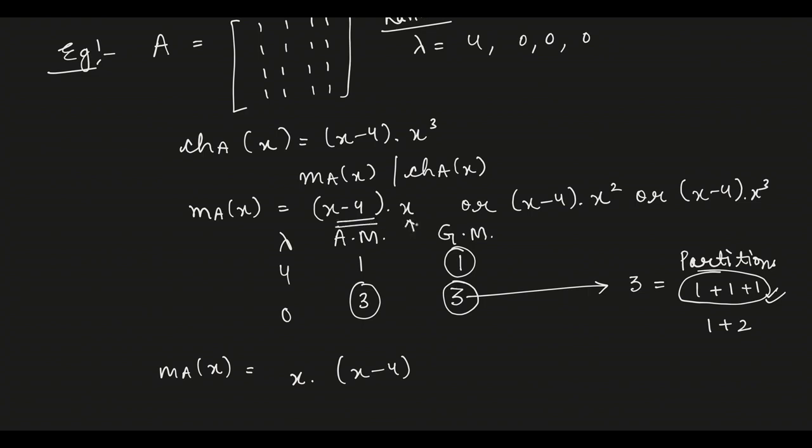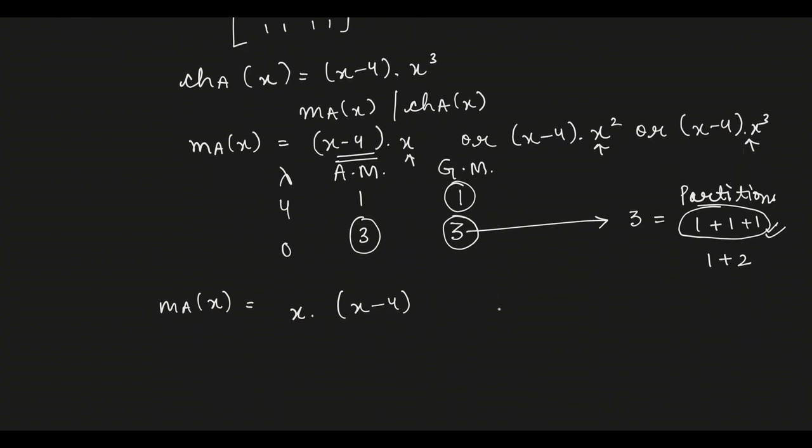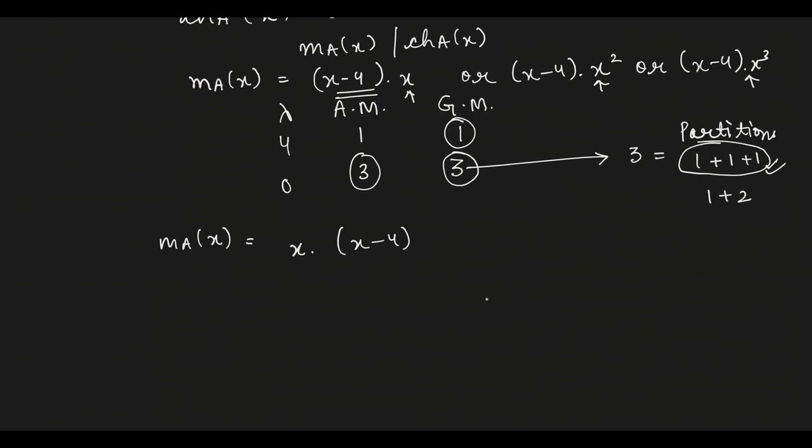I need to decide the power of x. So it can be decided by taking the GM, and then I will do the partition of this GM, and the number of partitions should be equal to AM of that lambda.